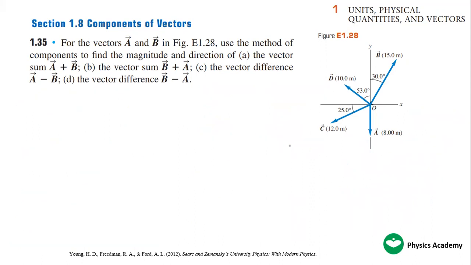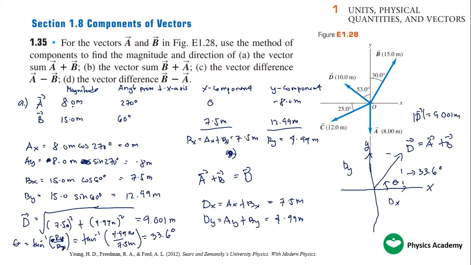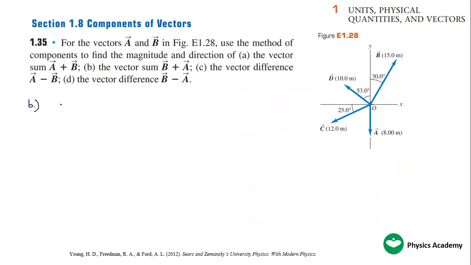So for letter B, our D is equal to B plus A, where our dx is equal to bx plus ax, and our dy is equal to by plus ay.